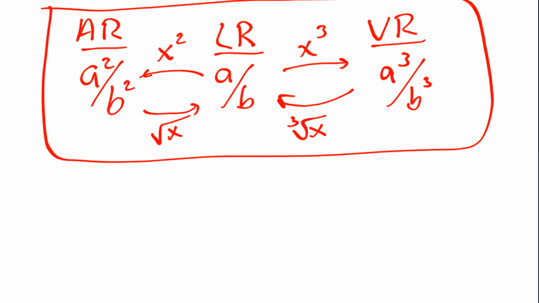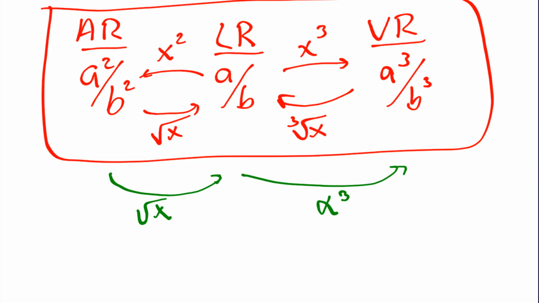If for some reason I gave you an area ratio and I asked you to change it to a volume ratio, it would be a two-step process. Area ratio to a volume ratio, first you would have to square root it, and then second you would have to cube it. You would have to take that area ratio, turn it back to a length ratio, and then convert it back to a volume ratio.